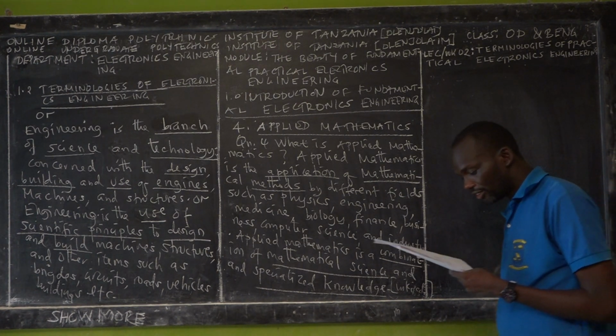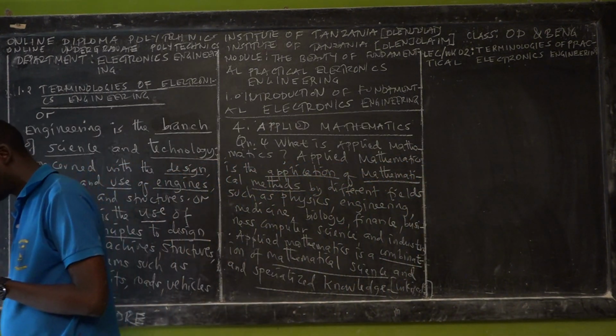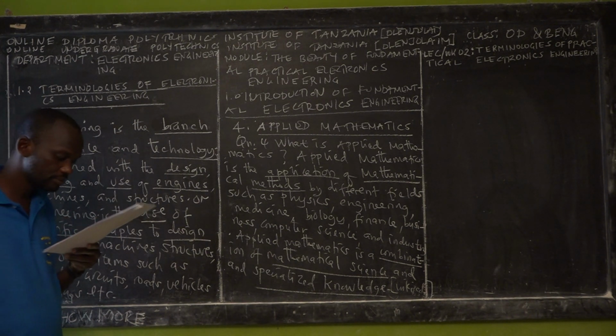In other words, by the other definition, applied mathematics involves the application of mathematics to problems which arise in various areas. I think that one of the students has given that definition.